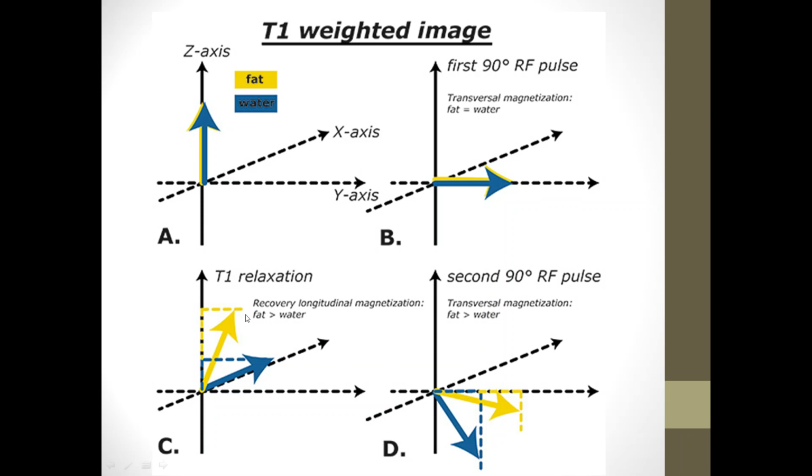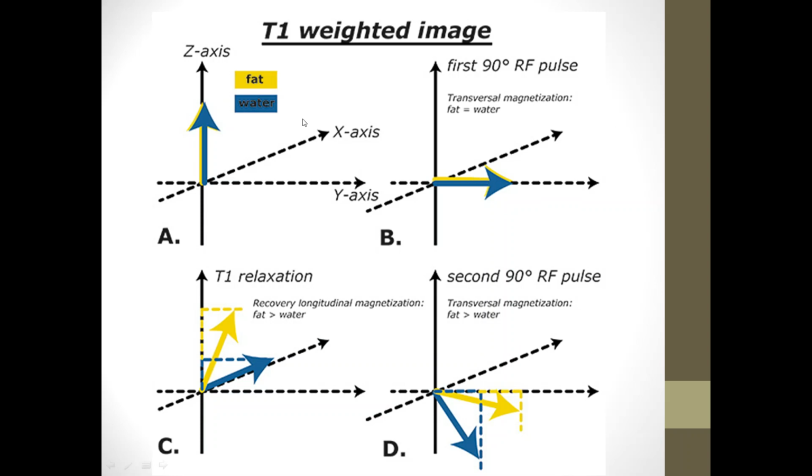If we select a long repetition time, before applying the second 90-degree pulse, the fat and water will be fully recovered and reach 100%. So you cannot differentiate. If we apply the second pulse after a long time, the fat and water will have the same value like before.